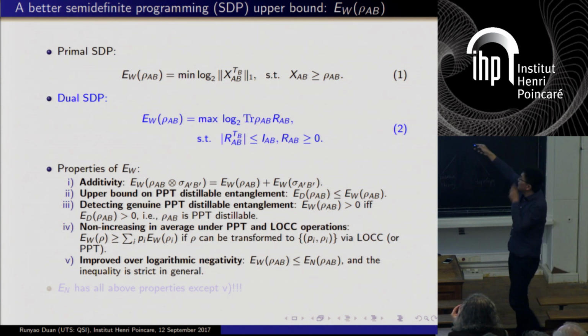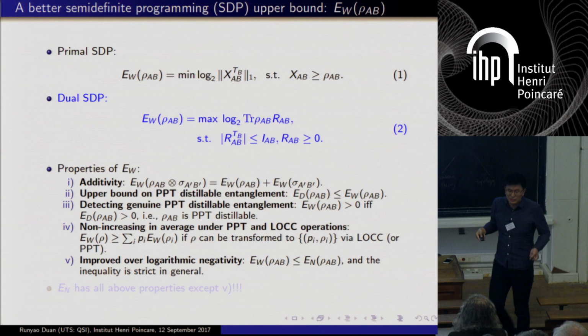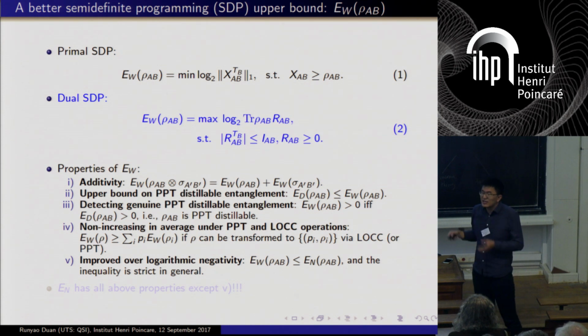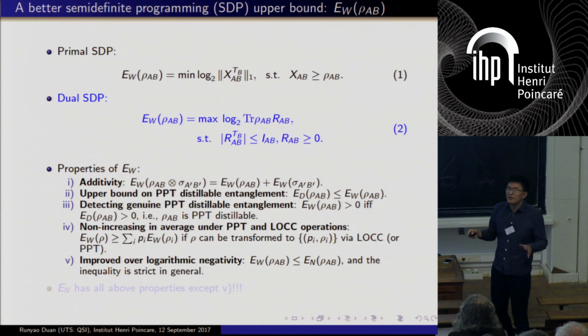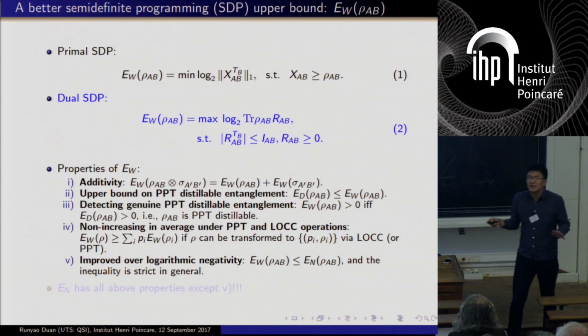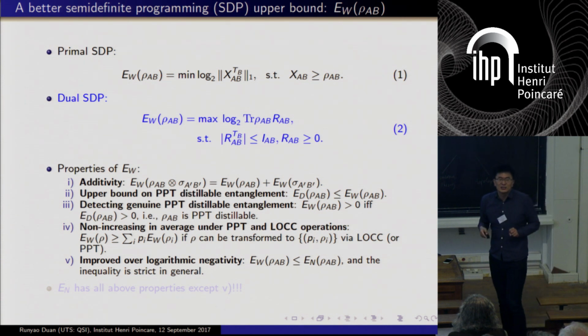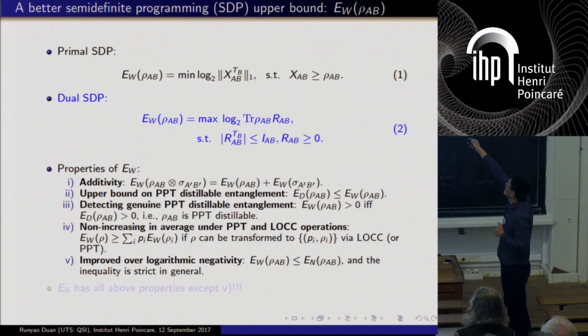So let me briefly mention how we prove this. Proving a property like additivity is normally very difficult. But if we can show some quantity can be written as an SDP, then we can use duality theory to prove it. So for example here, if you want to prove that this one is less than or equal to the sum of these two, then we use this primal SDP.